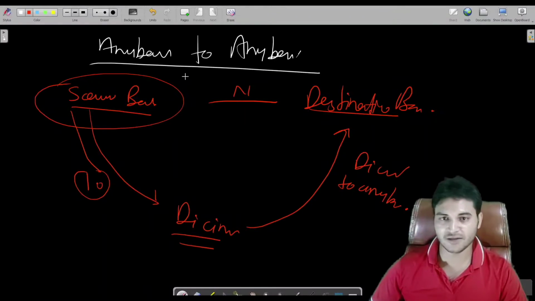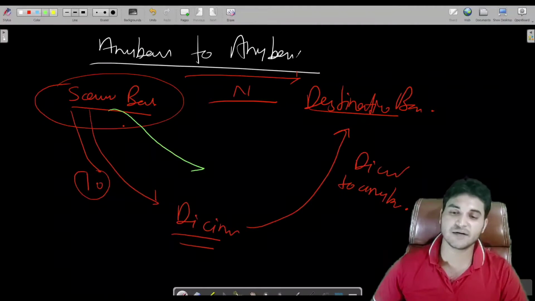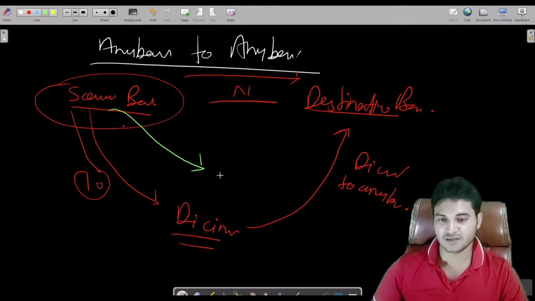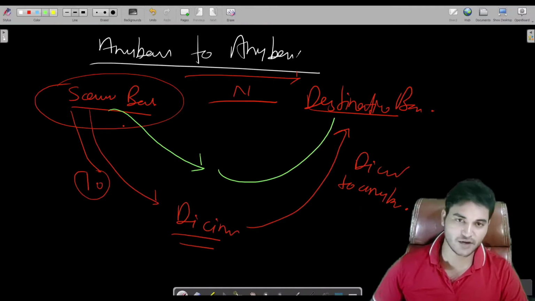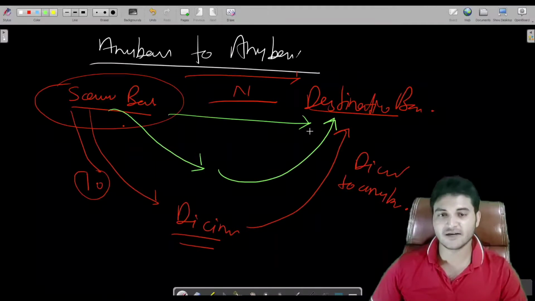We will not take this path directly. Instead of this, we would take this path. Firstly, we would convert this number into decimal from any base. Then we would convert this decimal number into the base which is being given to us. Why it is not working directly, I would explain later, or we would explain this in later videos.